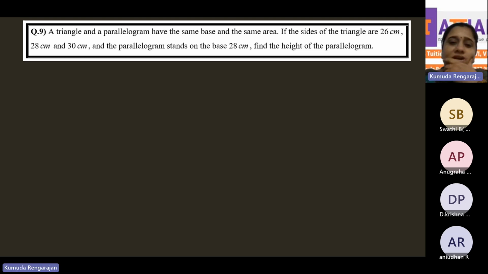Actually, this one, all of you should get it. I don't understand why, and it doesn't need this long time also. 326 centimeters square. Okay, Bhavishya says 326. 326 or 336?